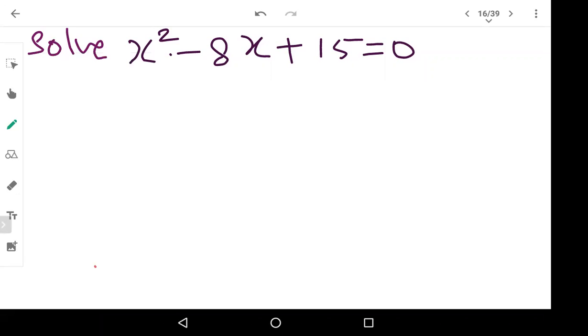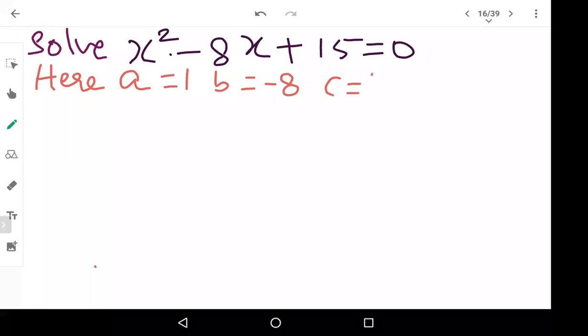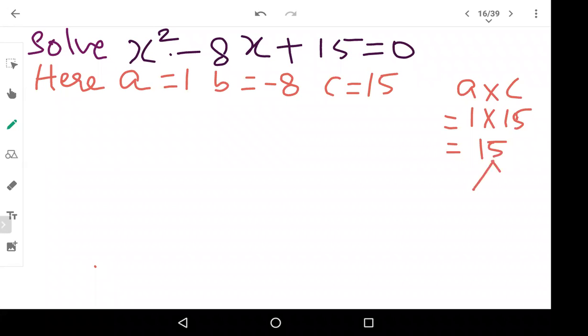So x square minus 8x plus 15 is equal to 0. Same exercise. First, define what is A, B, C. Here, A is equal to 1, B is equal to minus 8, C is equal to 15. So A into C is 1 into 15, which is plus 15. Now find the factors.